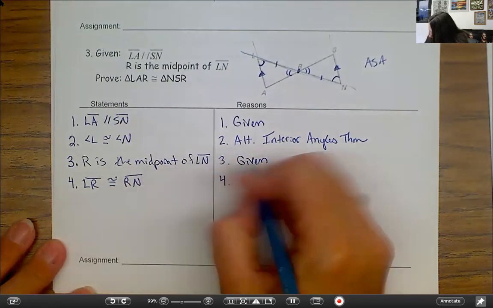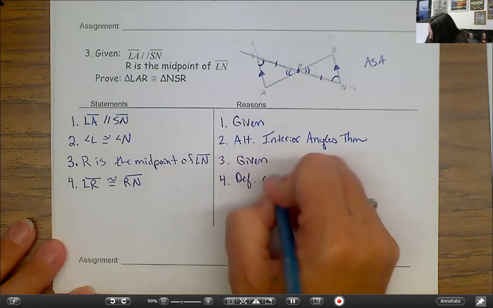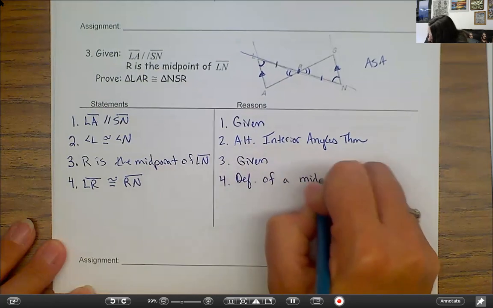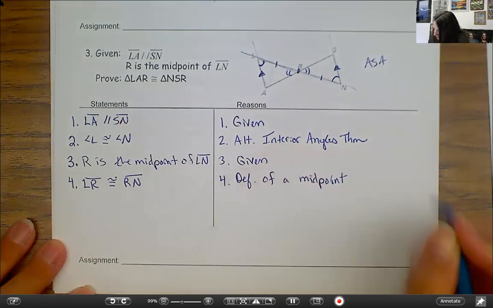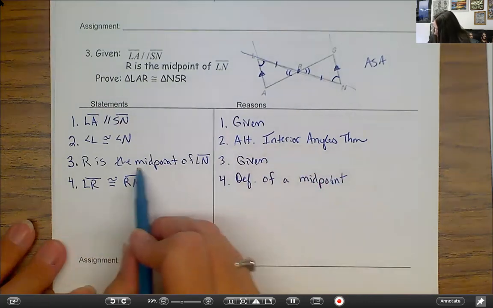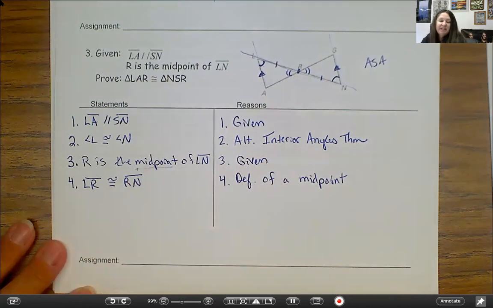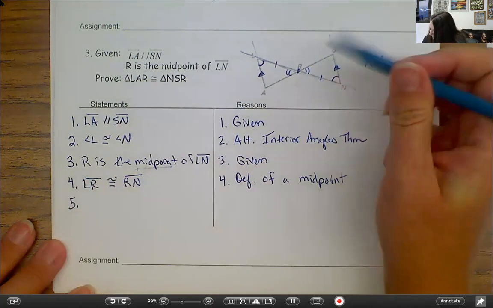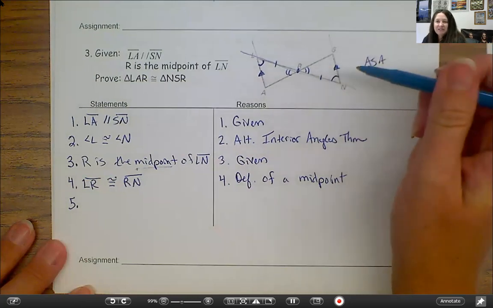And I know that because that's the definition of a midpoint. And again, your clue, when you use that vocabulary term in a step, you're probably going to use that as a reason.